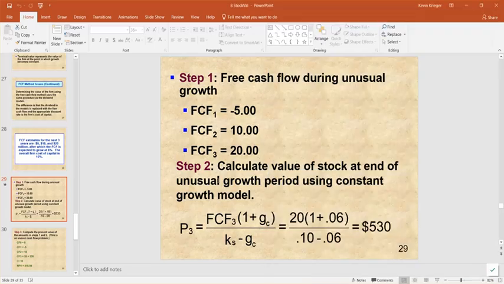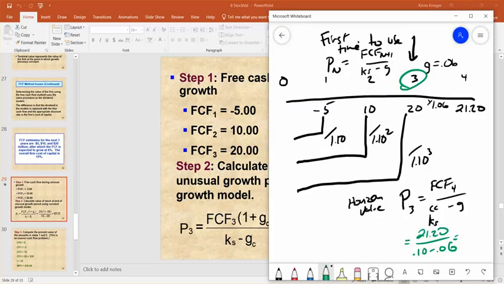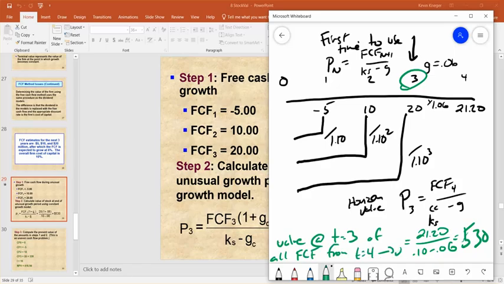That's what gives you the piece right here that's 530. And like last time, what am I getting from the 530? The 530 is the value at time 3 of all the future cash flows from time 4 to infinity.